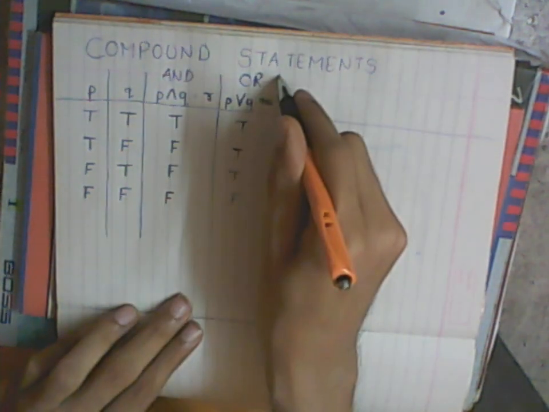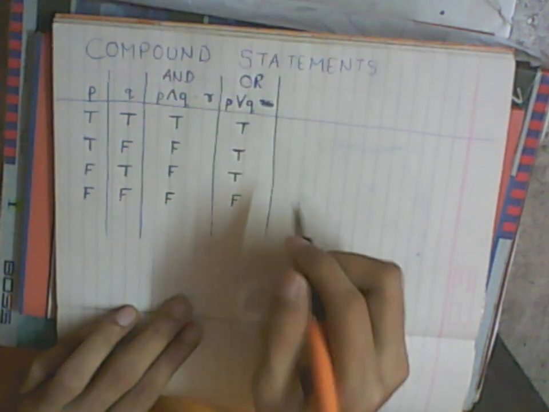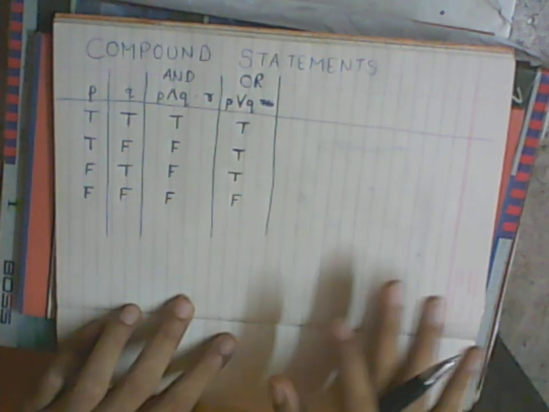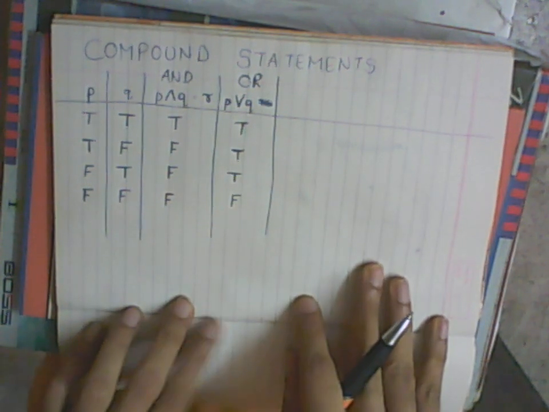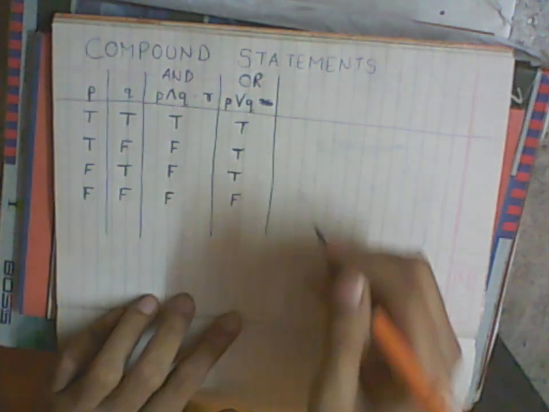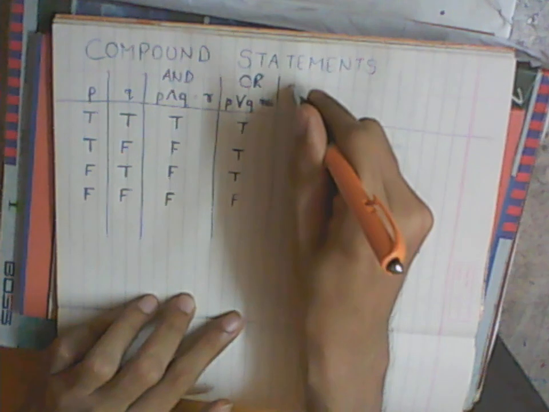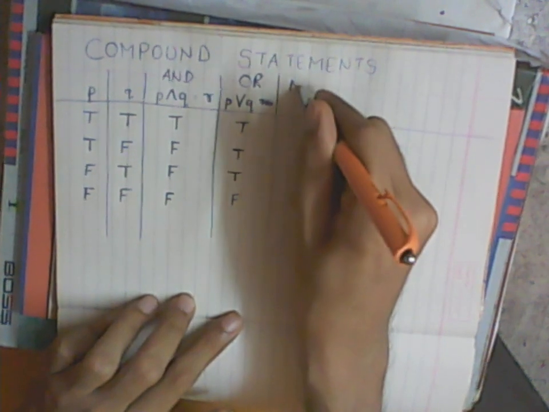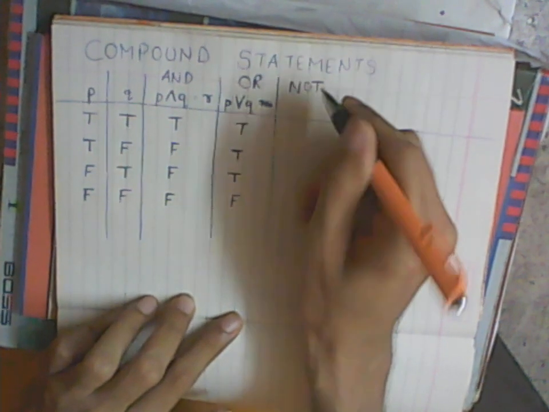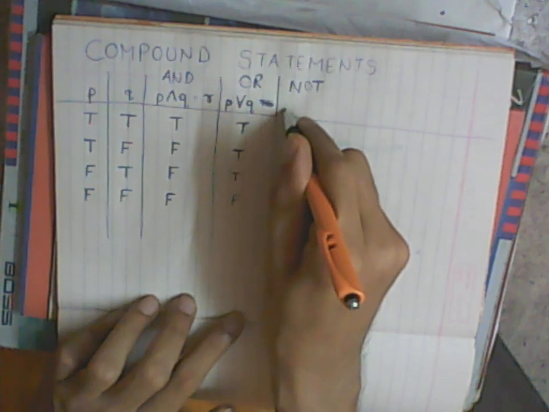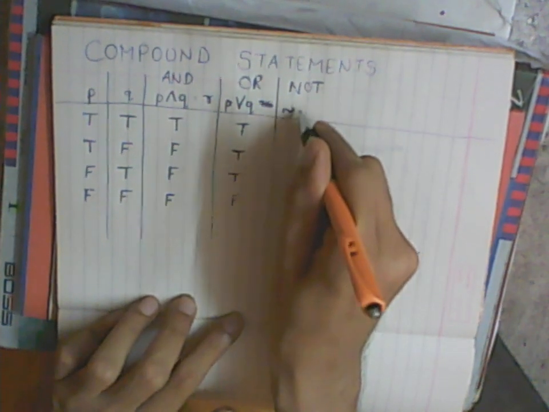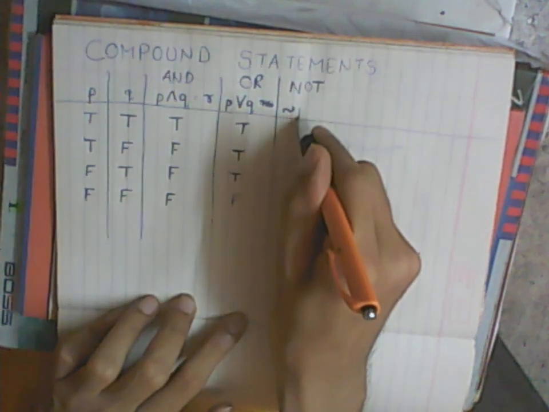Okay. The next kind is, I would say, a pseudo compound statement, because it does not use two statements. It just uses one statement. It's using the logical operator not, usually denoted by a little tilde, and it is operated on just one statement.